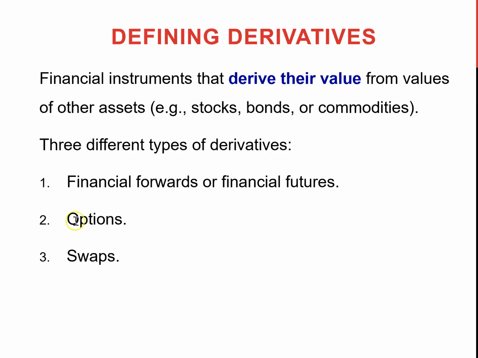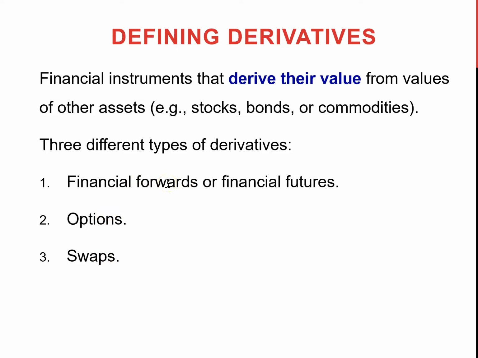On the other hand, options are pretty much the same as forward contracts, but for an option, the company signs the contract to buy a specific stock at a specific price, but it is a right, not an obligation. So there is a difference between forwards and options.